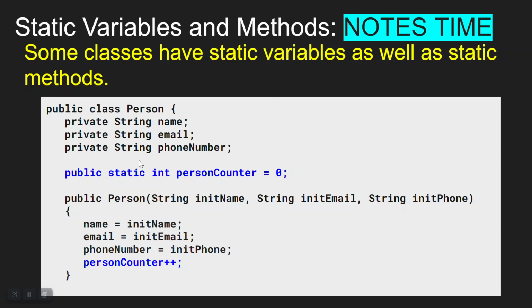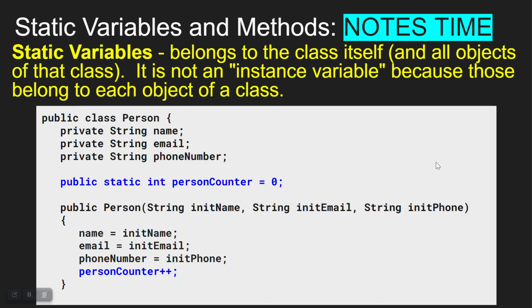We're going to understand what static means. So let's talk about what a static variable is. When it says public static int personCounter equals 0 and then personCounter plus plus, what does this actually mean? Static variables are variables that belong to the class itself, as well as all objects of that class. It is not an instance variable, because those belong to each object of a class. When I create a person object, that object is going to have a specific name, email, and phone number.